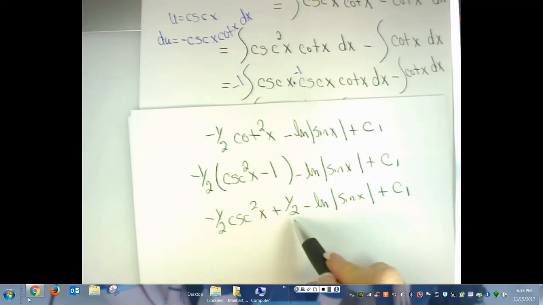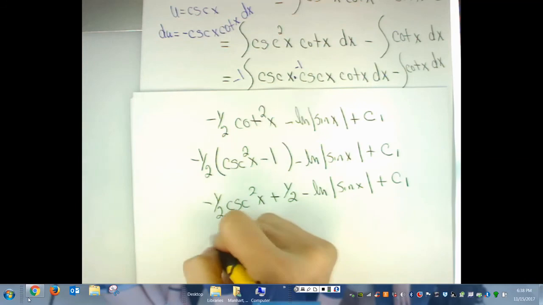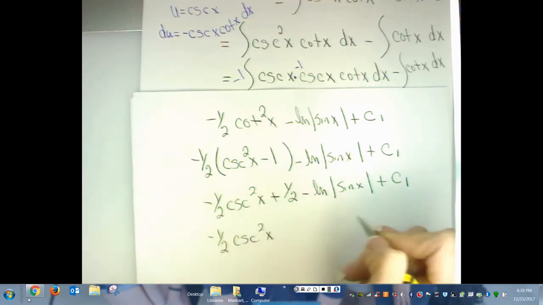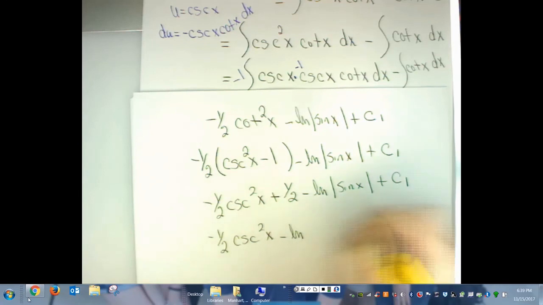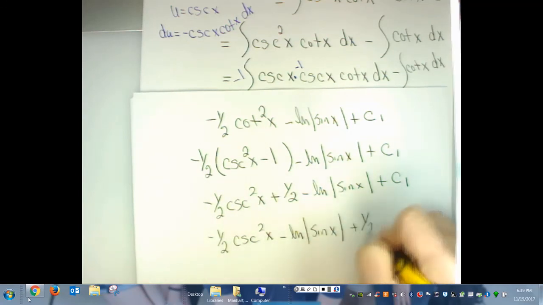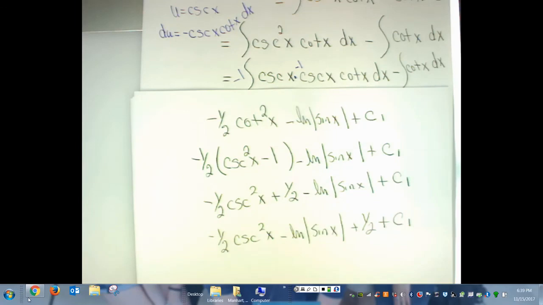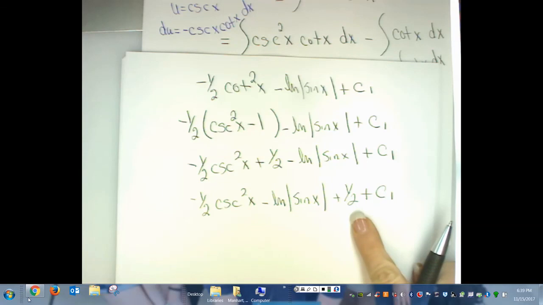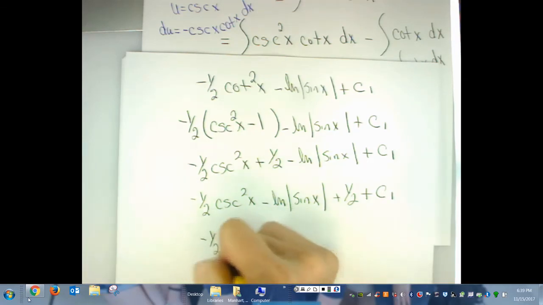So I'm going to say, obviously, addition is commutative. Negative 1/2 cosecant squared x minus natural log absolute value of sine x plus 1/2 plus c1. Well, guess what? Any real number c sub 1 plus a real number 1/2 is yet still another real number. So your final answer is this.